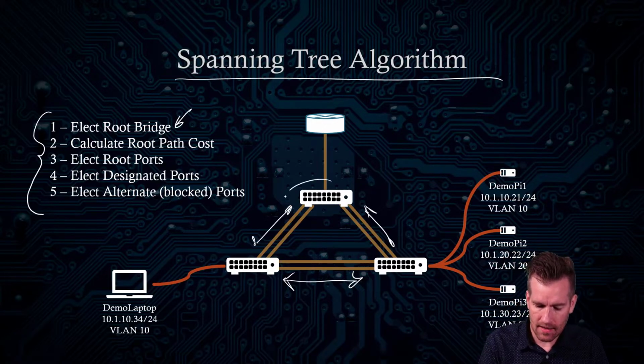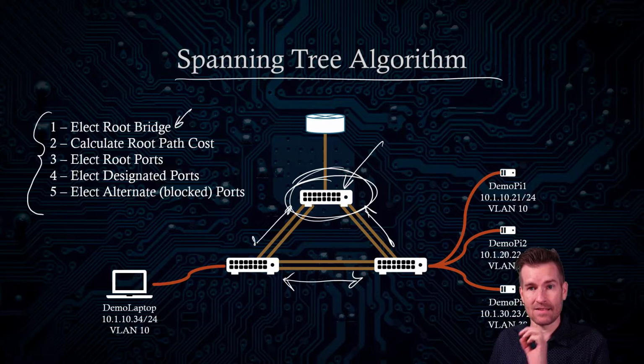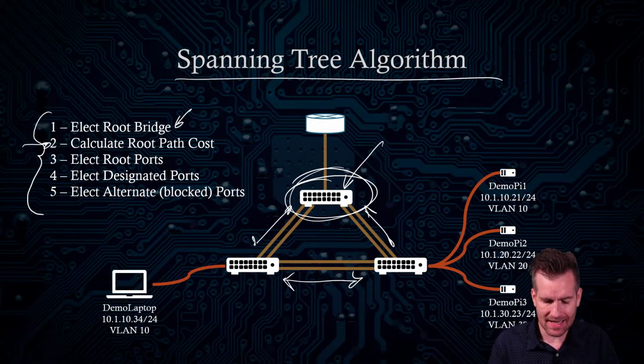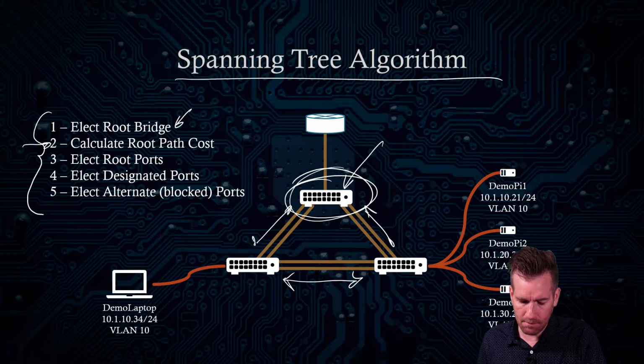And they determine the lowest bridge ID. In my network, I'm going to want it to be this bridge right here that is elected as the root bridge. From there, the second step is to calculate what is the least cost to get to that bridge.